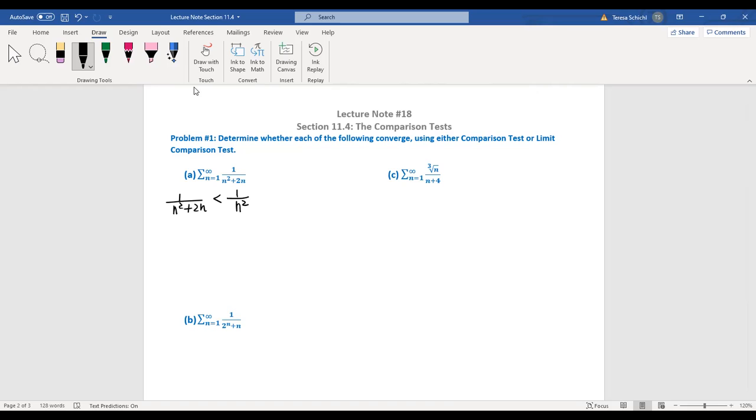And I know the summation from n equals 1 to infinity of 1 over n squared converges.